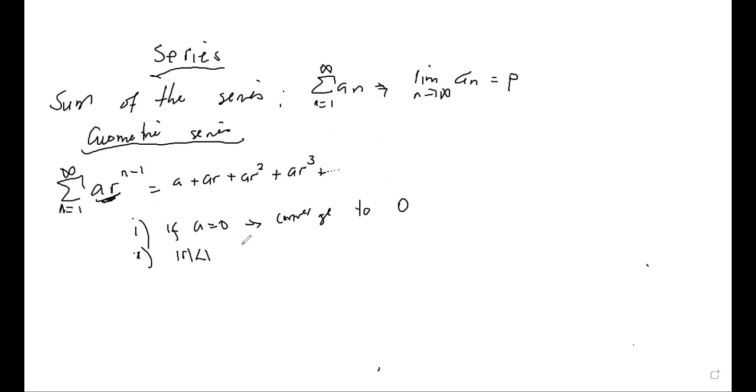Or if the absolute value of r is less than 1, meaning that if -1 is less than r, which is less than 1, then we'll say this converges to a over 1 minus r.